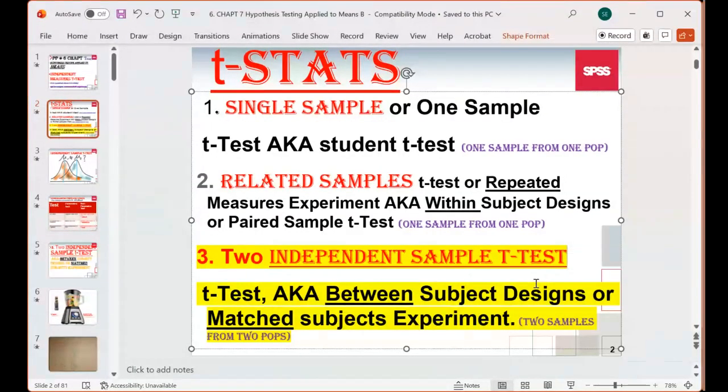That means you're going to have two different variances, two different standard deviations, two different degrees of freedom. Degrees of freedom for sample 1, degrees of freedom for sample 2, DF.